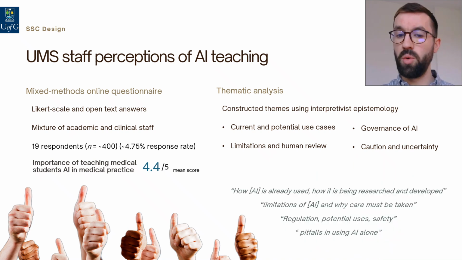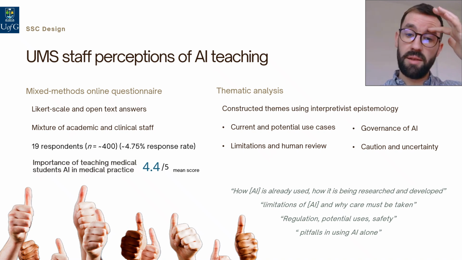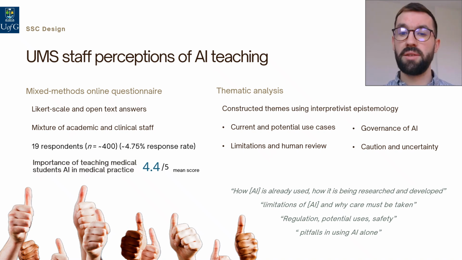Some of the quotes from the staff members were how AI is already used and how it is being researched and developed, the limitations of AI and why care must be taken, the regulation, potential uses and safety, as well as pitfalls in using AI alone.